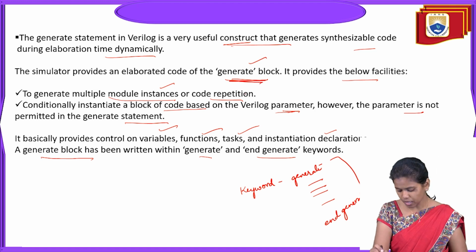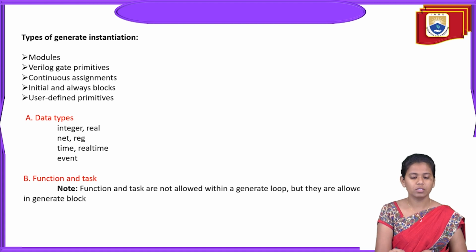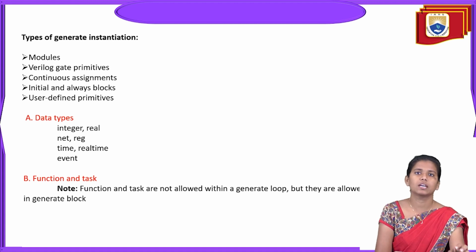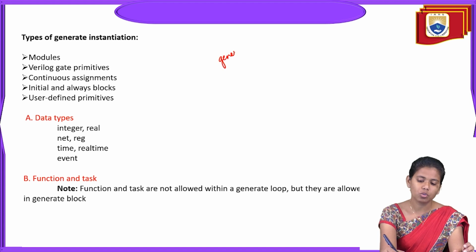Now we will see what the generate block is, the types of generate blocks, and also data types, functions and tasks. Coming to generate instantiation, as I said, this generate block provides some facilities.